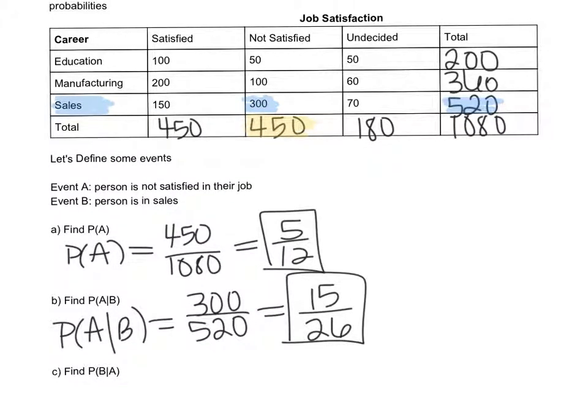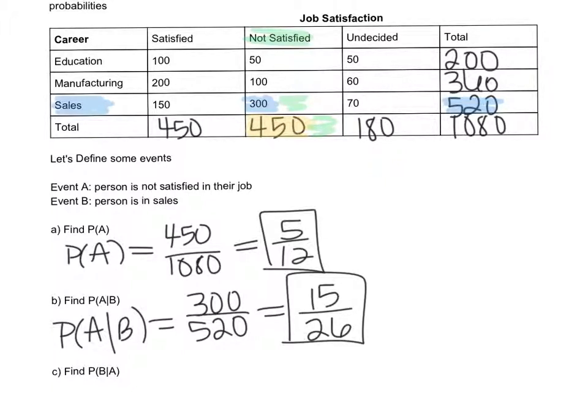Our last example is to find the probability of B given A. It's a little different from what we just did. This time we're finding the probability that a person is in sales given that the person is not satisfied in their job. Again, we go to the not satisfied column, which has a total of 450 people, but this time we look at the number of people in sales, which is the 300.